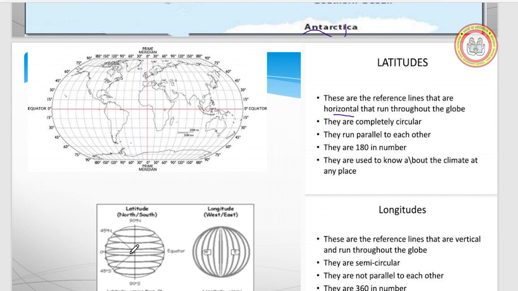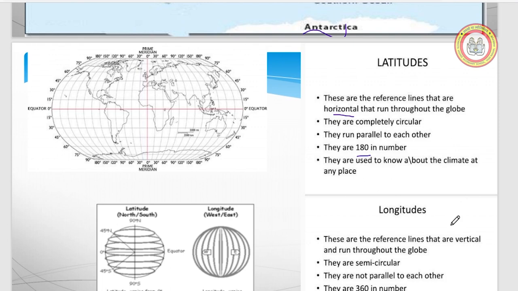Here you can see these are latitudes and these are horizontal. They are completely circular. They run parallel to each other. They are 180 in number. They are used to know about the climate at any place.